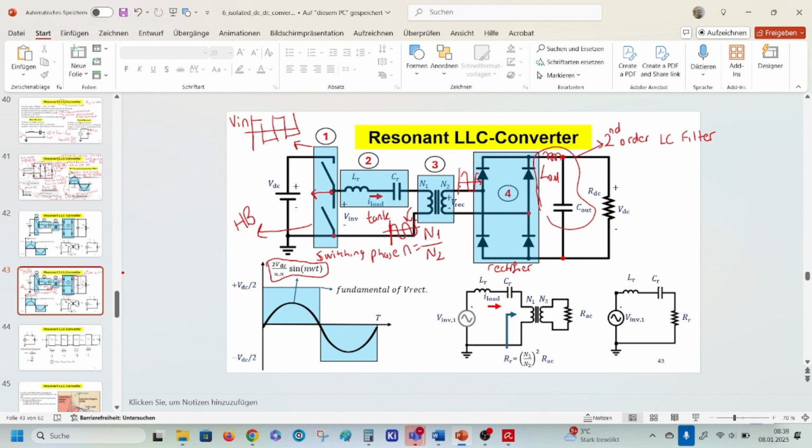I have the half of my input voltage. I chop only the half voltage of my input and give it to my LLC resonant tank.